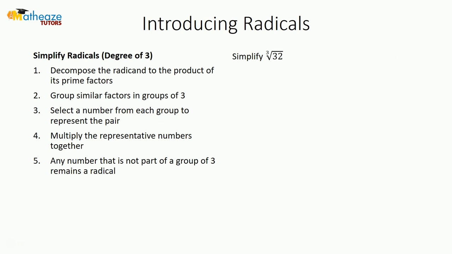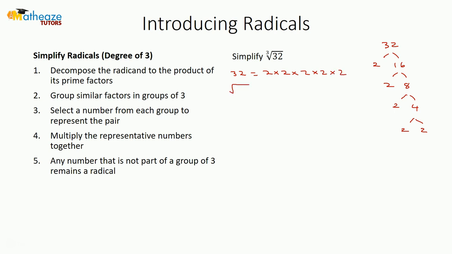Let's look at the cube root of 32. So 32, let's decompose that. 2 and 16, 2 and 8, 2 and 4, 2 and 2. So 32 is 2 times 2 times 2 times 2 times 2.